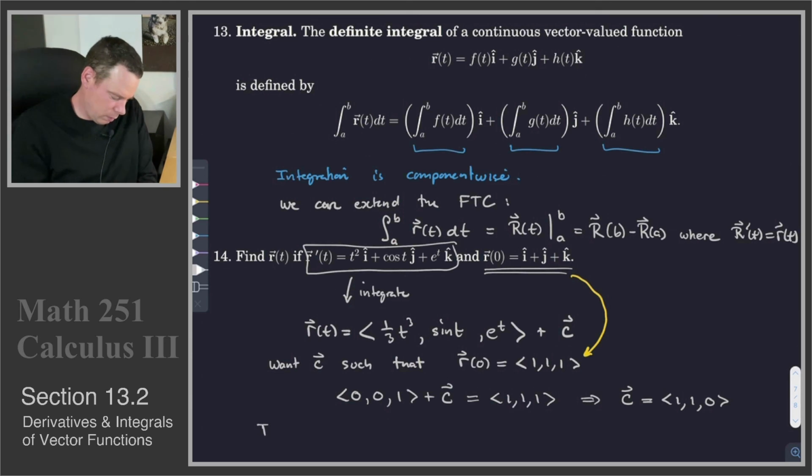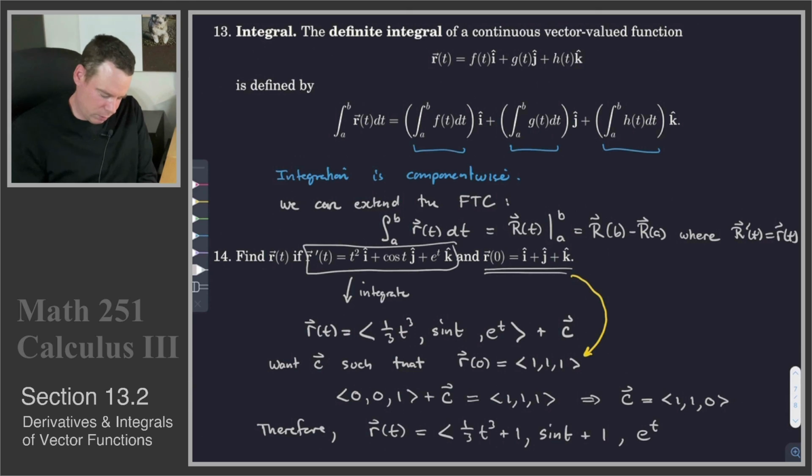And so therefore, we've now managed to construct that function r, it's 1/3 t cubed plus the first component of c, so plus 1, sine of t plus the second component of c, and then e to the t plus the third component of c.